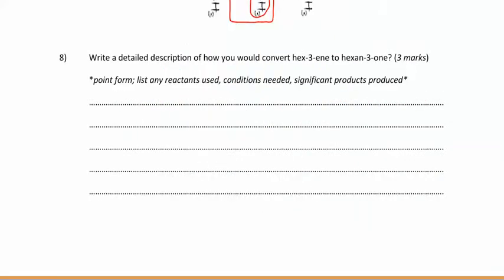And looking at number 8, this is a detailed description of how you convert an alkene to a ketone. This is where it's really handy to be able to picture that reaction diagram. Remember that alkene is in the middle, and then ketones are down here at the bottom.